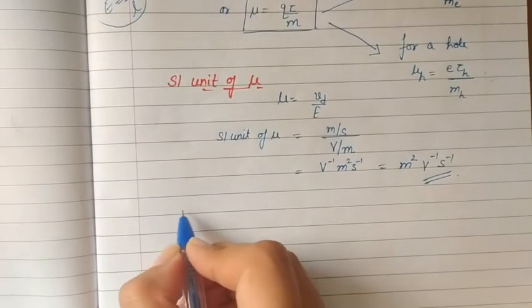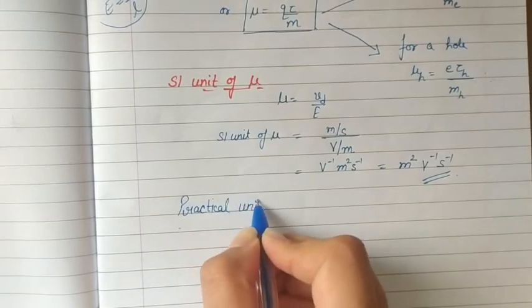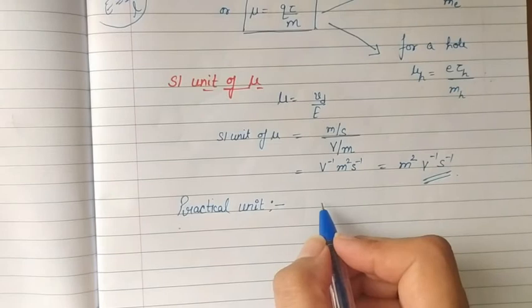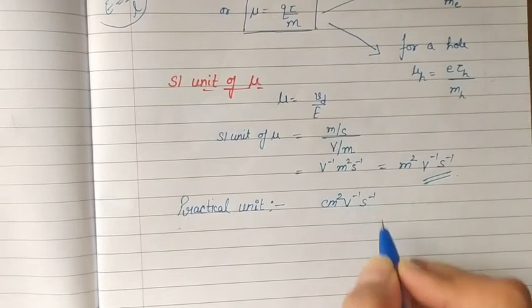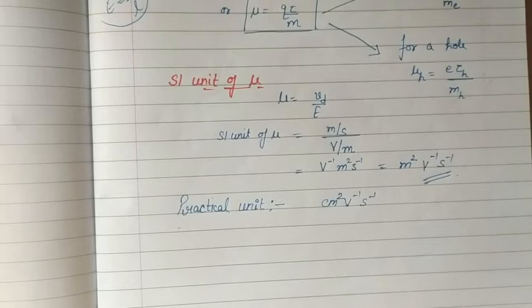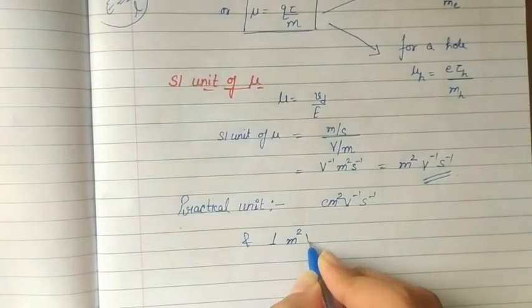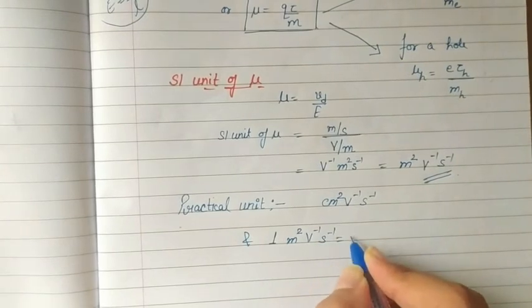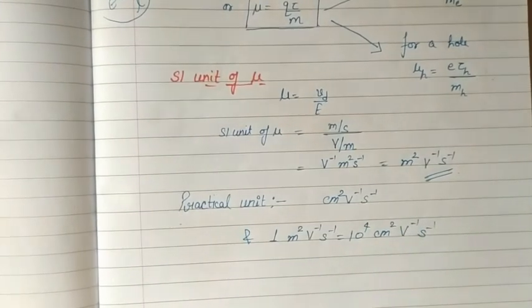But if we talk about the practical unit, since these values are very small, the practical unit of mu will be centimeter square volt inverse second inverse, because the material that we take is not necessarily in meters. So the units we practically use are centimeter square volt inverse second inverse, and 1 meter square volt inverse second inverse is equal to 10 to the power 4 centimeter square volt inverse second inverse.